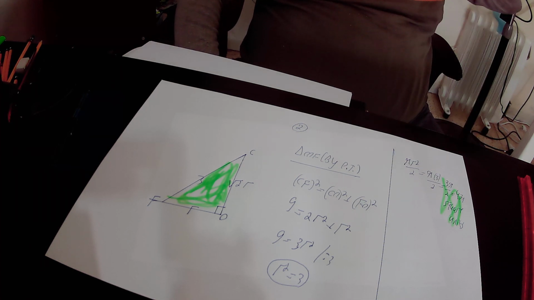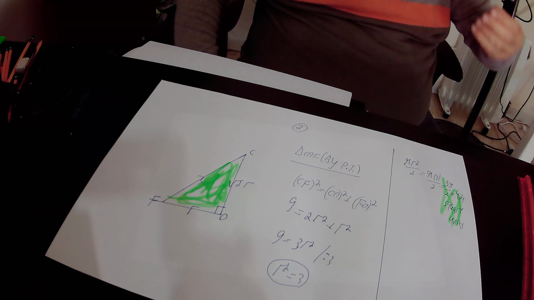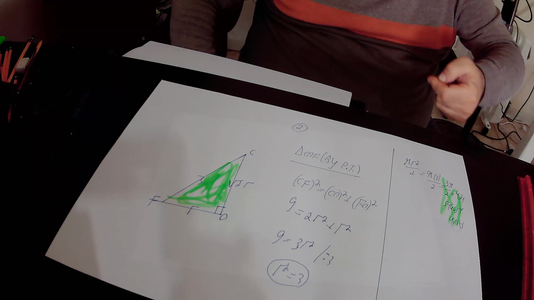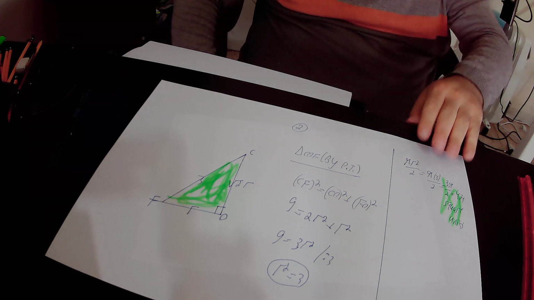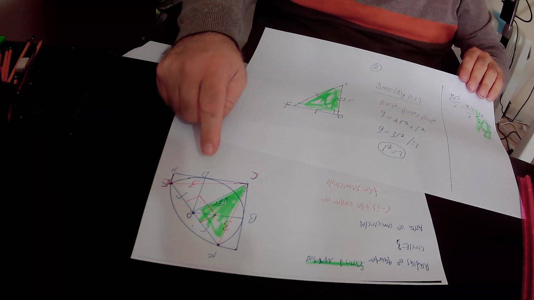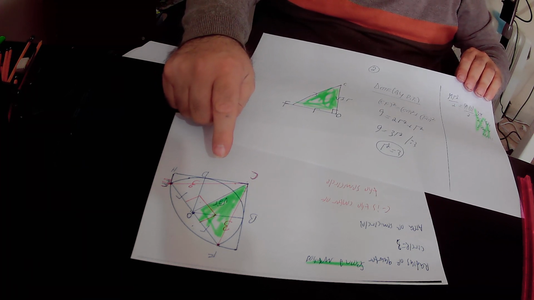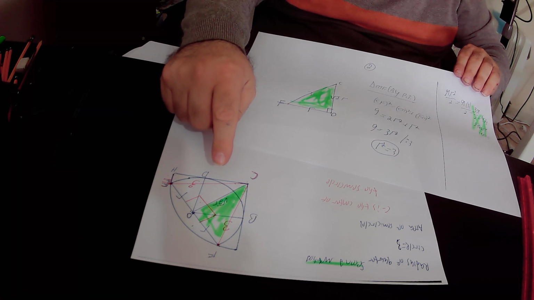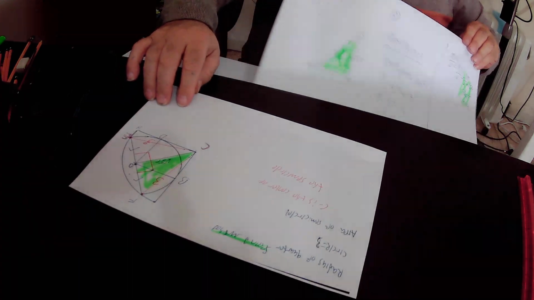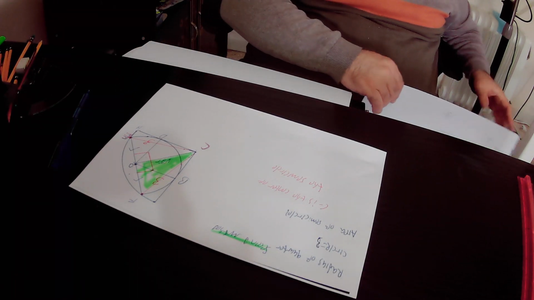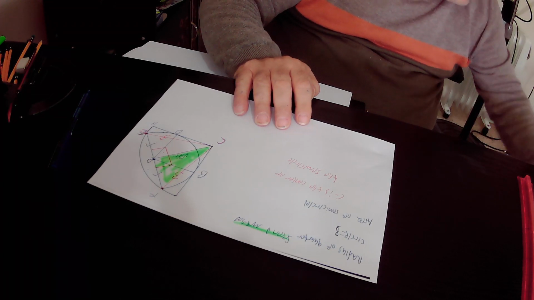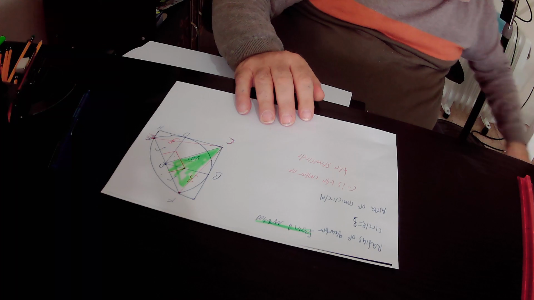So in conclusion, the area of the semicircle equals either 3 pi over 2 square units, or in terms of numbers, 4.71 square units. We finished with the first question. In the next step, I will present to you how we solve the second question.